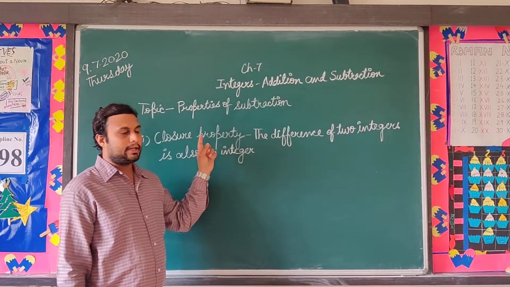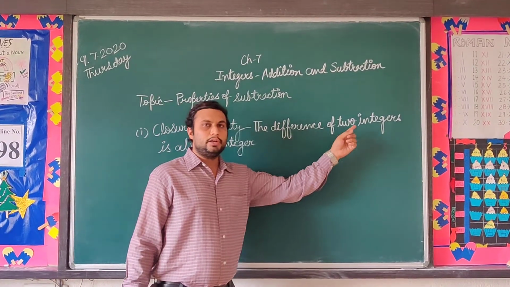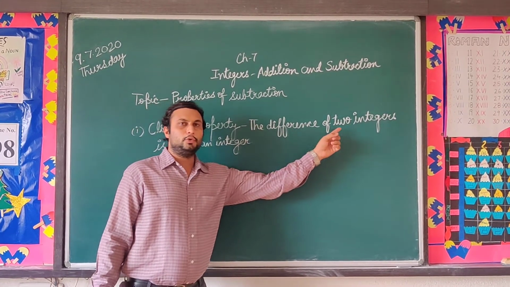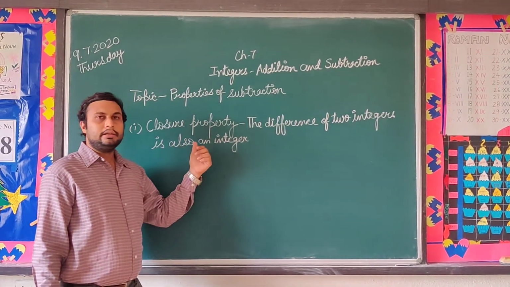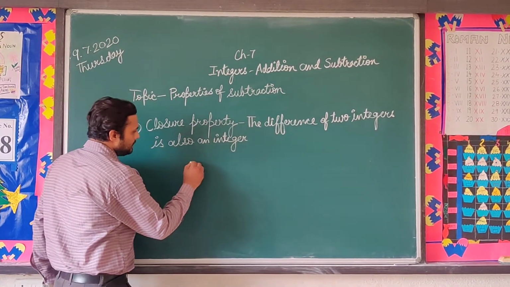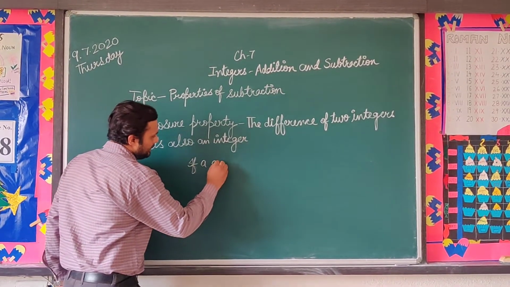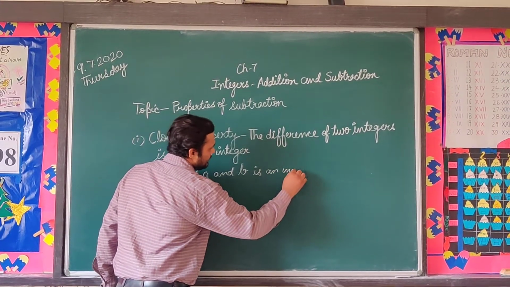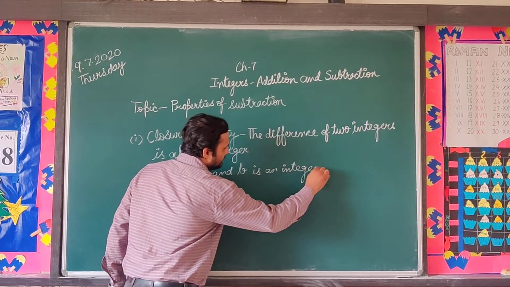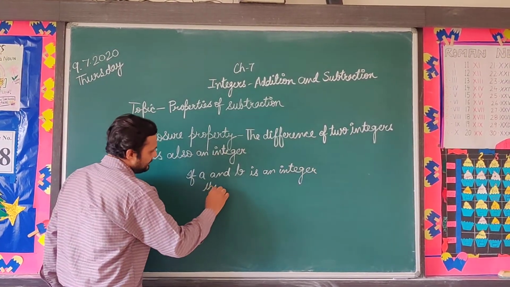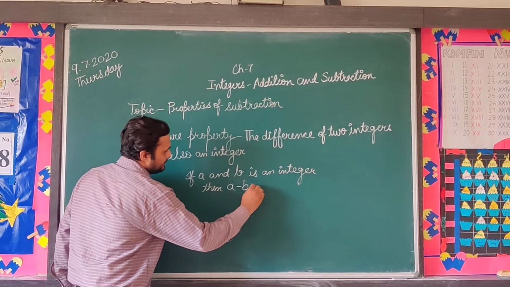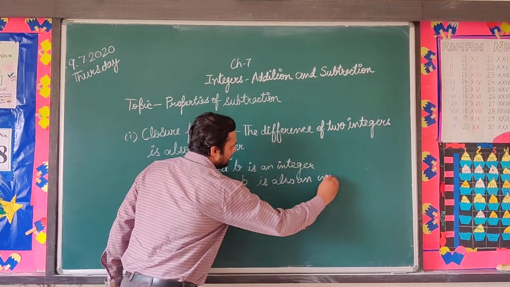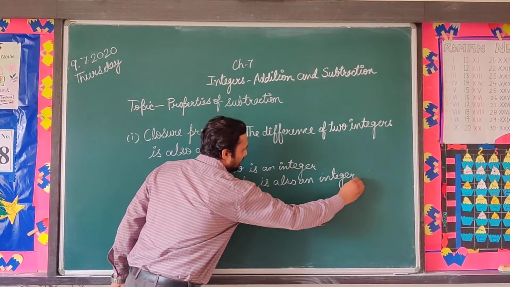What does the closure property say? The difference of two integers is also an integer. It means if a and b are integers, then a minus b is also an integer.